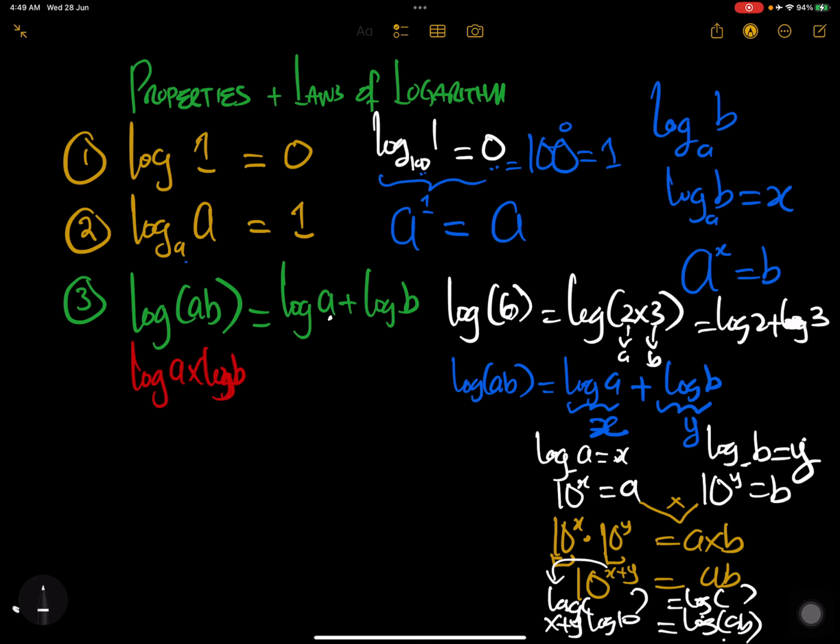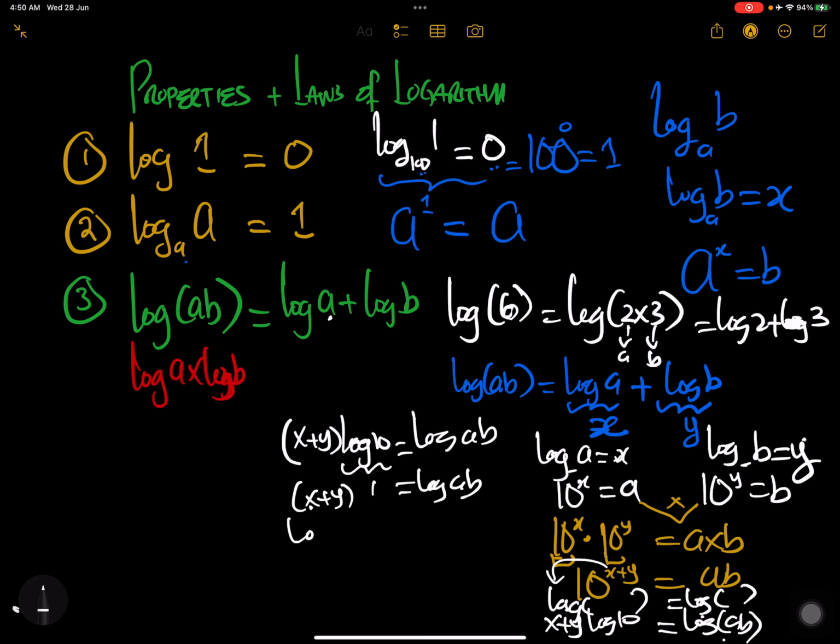We know that log 10 is 1. Once that is 1, we get x plus y is equal to log AB.